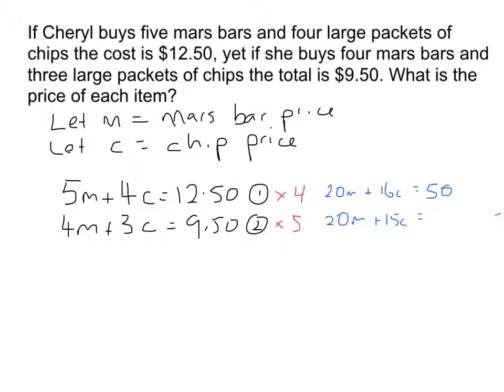If we get $9.50 and we double it, 9 twos are 18, so that's 19. Double it again is another 19, and then the fifth one is 9.50. Long way of working it out, a calculator would be much quicker. 9, 18, 27... 47.50.